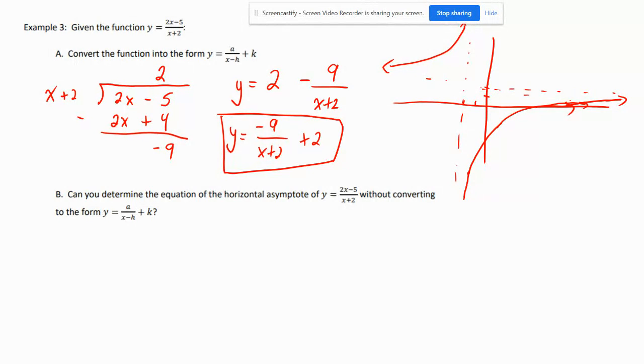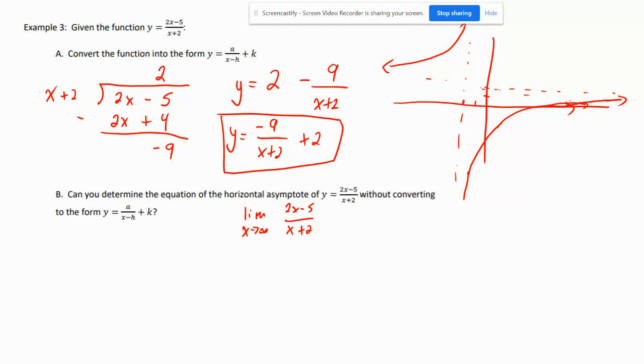So what we want to be able to do is calculate the limit as x approaches infinity. In other words, as x keeps going to infinity, what is y approaching over here? So y is 2x minus 5 over x plus 2. Okay, now, guys, there is more algebra to this stuff, which we're not going to cover in this video.